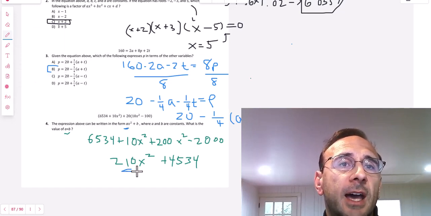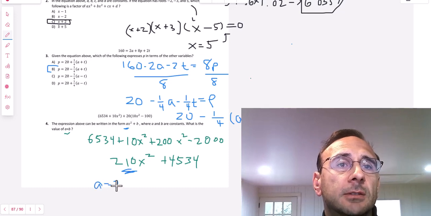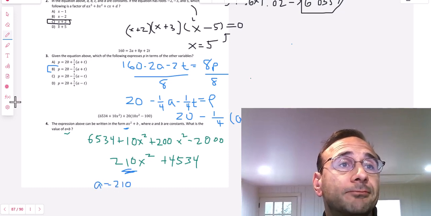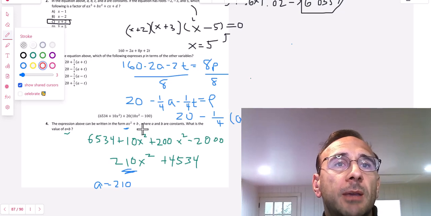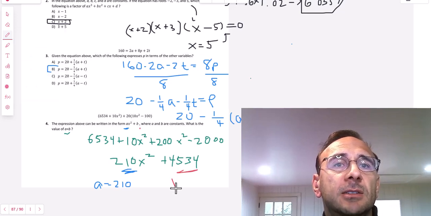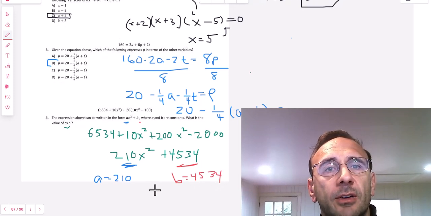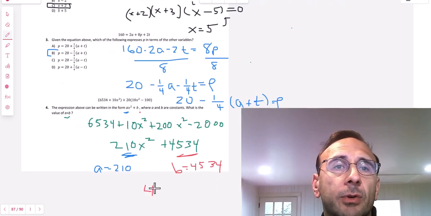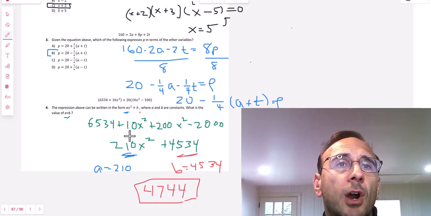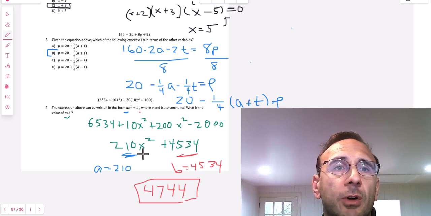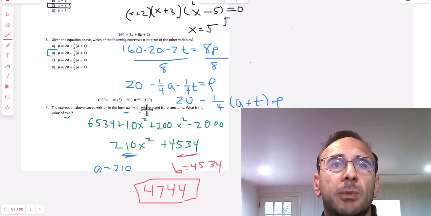Well, it's in front of the x squared, so a is 210. And then what's b? B is the constant out there in space, so b is 4534. We add those together, we get 4744. So anytime you see more unknowns than there are equations, you are just going to have to compare what's in the same spot.